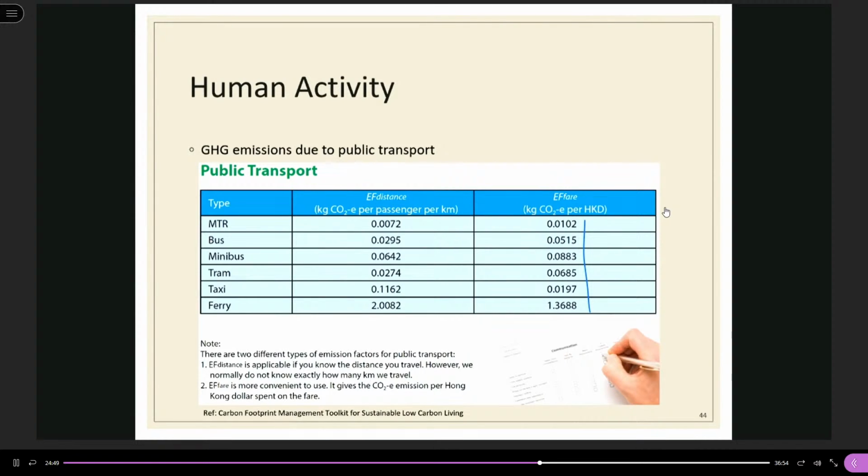It seems the lowest value is the MTR. This is per Hong Kong dollar that you spend, and this is per km. So some figures for you to have a reference.